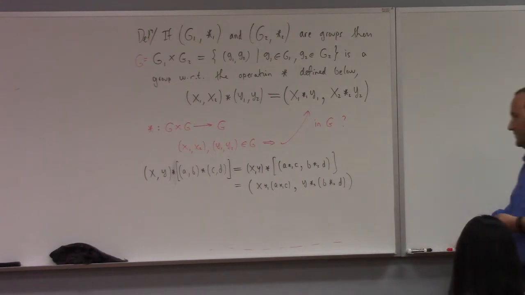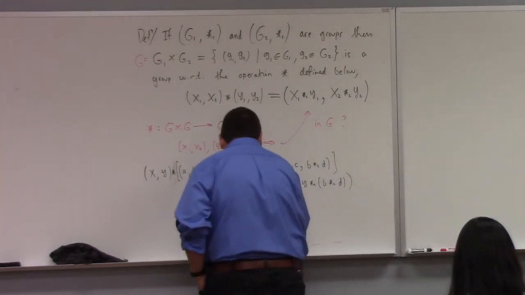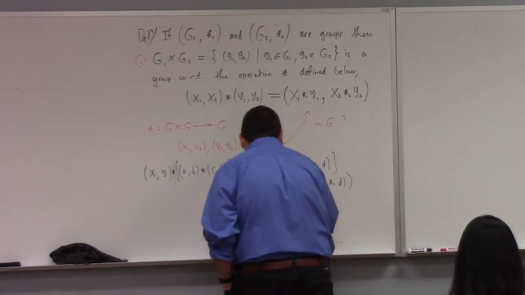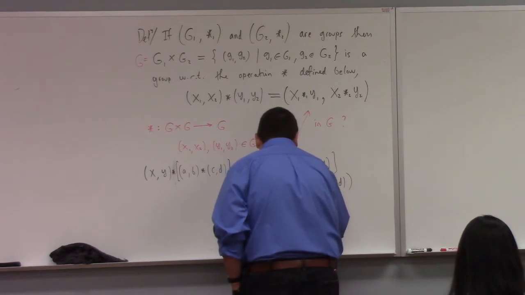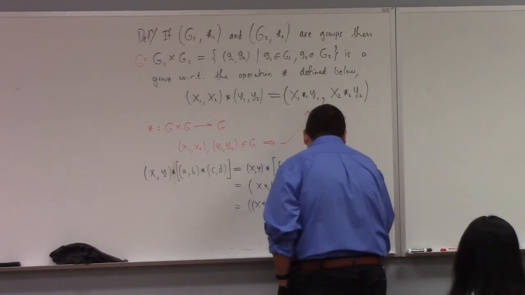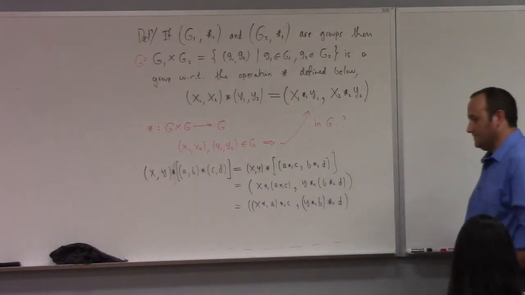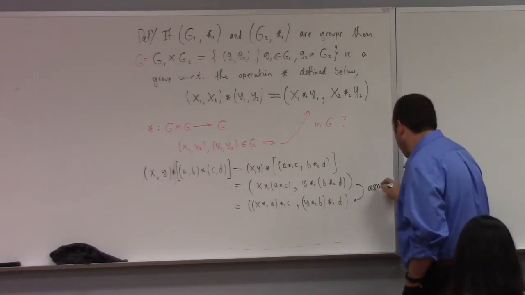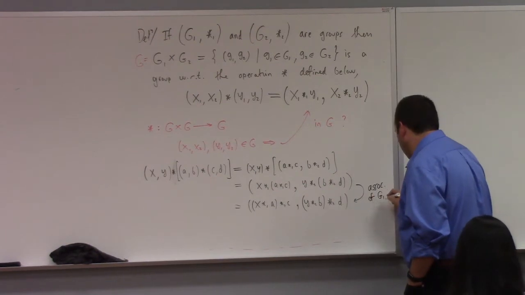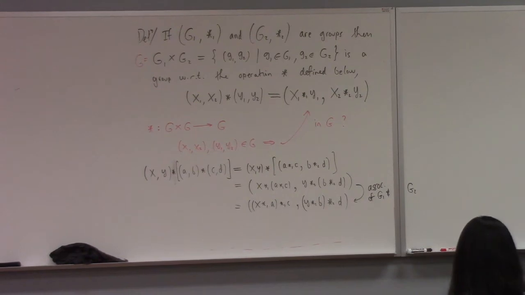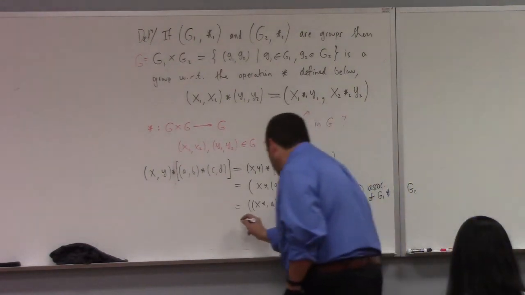So this is equal to ((x star 1 a) star 1 c, (y star 2 b) star 2 d), going by associativity of G1 and G2. And then we undo the multiplication.